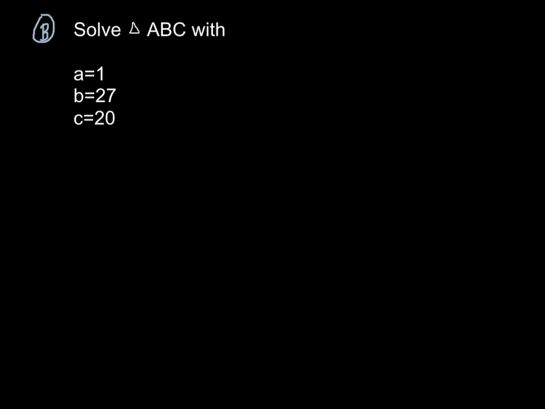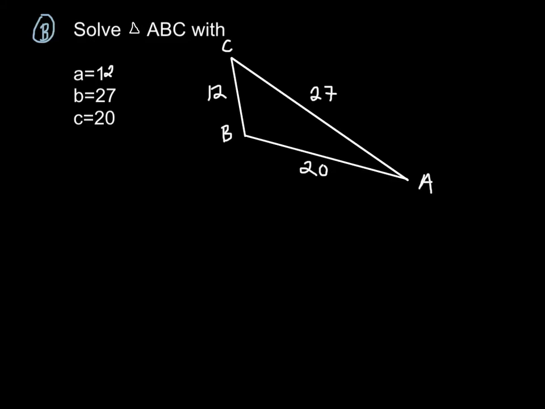So we've solved the previous problem with side, angle, side, and now we have side, side, side. We're solving triangle ABC once again, except this time A is 12, B is 27, and C is 20. We have the same steps. First, we draw our triangle and label our given values.